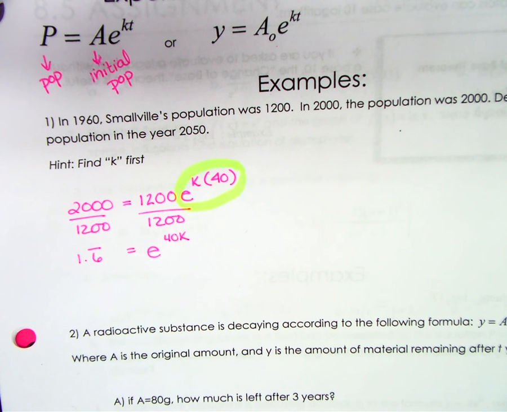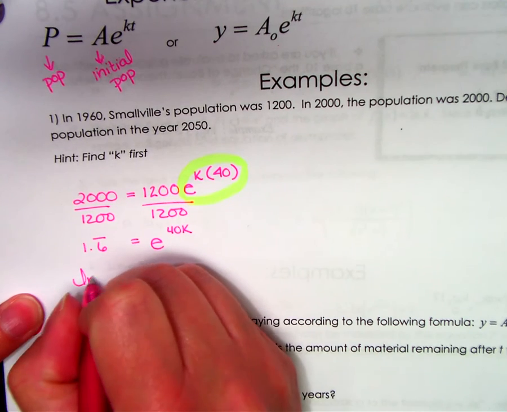Okay. So, step one, when solving for an exponent, what do we do to both sides? Log both sides, but in this case we have a base of E, so we have to ln both sides.